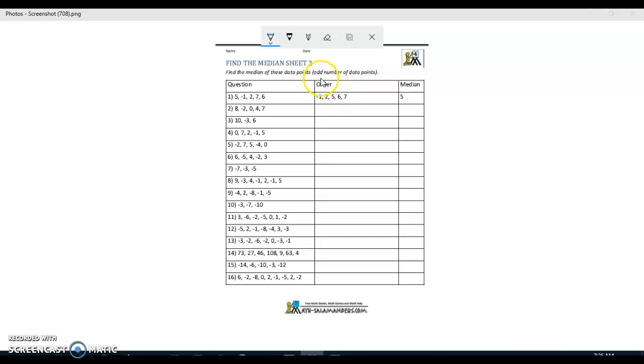Or it's just a number that is left alone. I'm not really sure if it's odd. I don't know why it says that. Just forget this line right here. You're just going to find the median. Find the number in the middle. So here they give you your set of numbers. Some are negative, some are positive. All you have to do is write them in order.